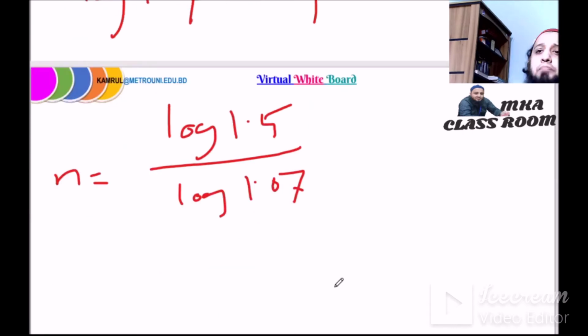By pressing your calculator, we find our desired solution, log 1.5 divided by log 1.07.